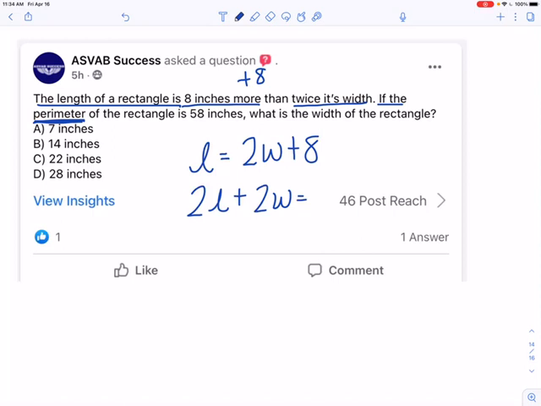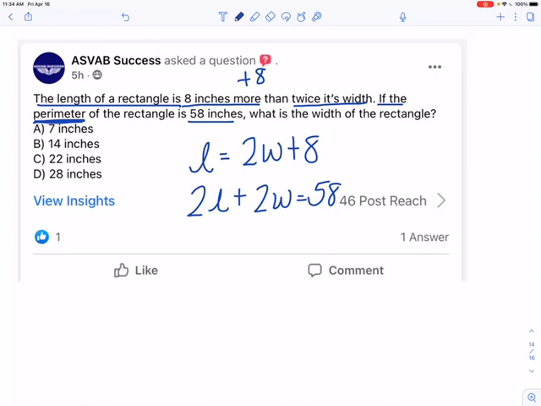It says the perimeter is 58 inches, so we're going to do equals 58. Okay? Now I have my two equations. Remember that with these algebra word problems, we want to get them into one equation. So I'm going to use substitution.